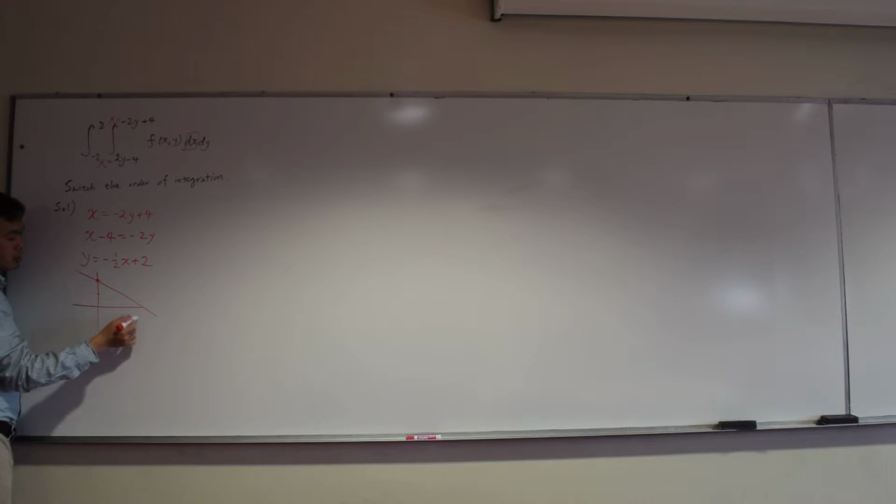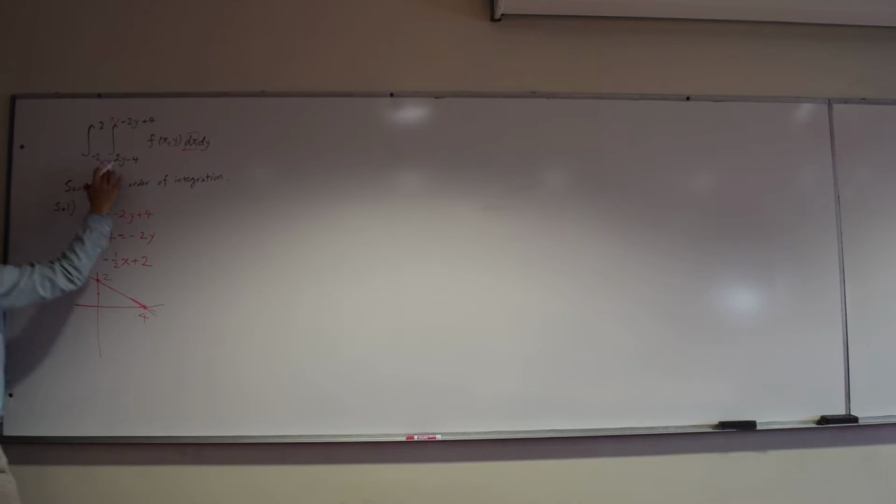So it's like this. I'm drawing it so that the rise is -1 and the run is 1, 2. That means this point is? What's this coordinate? 4. Okay, so that's the graph.